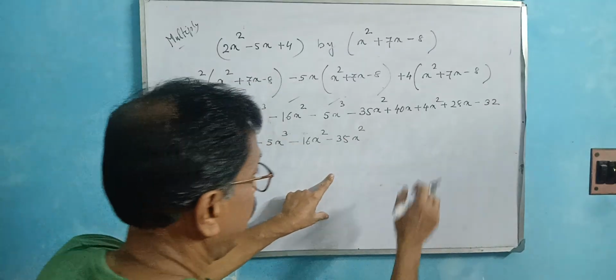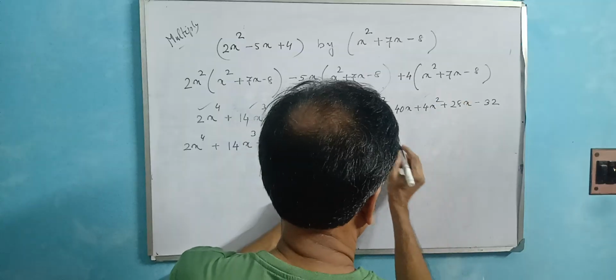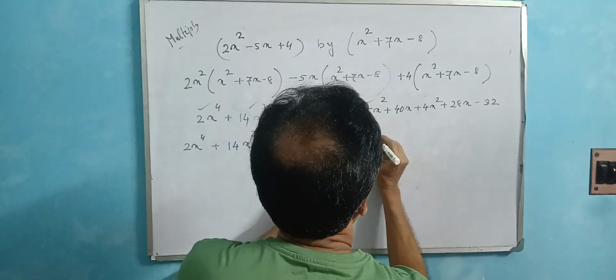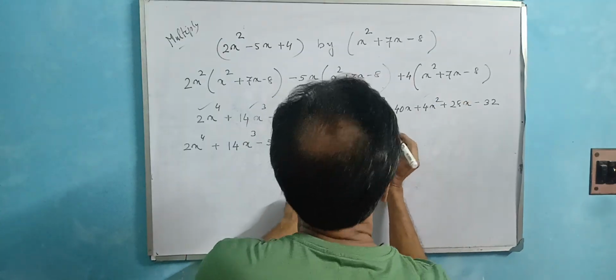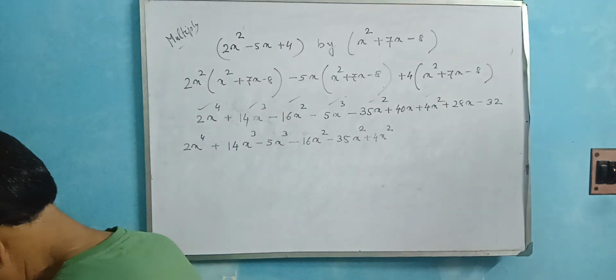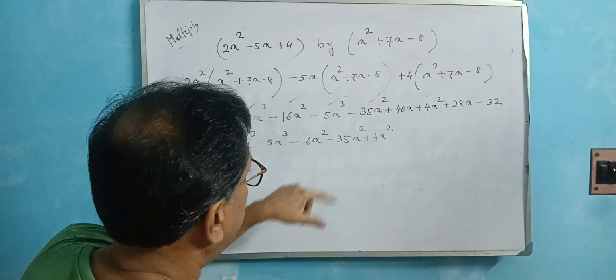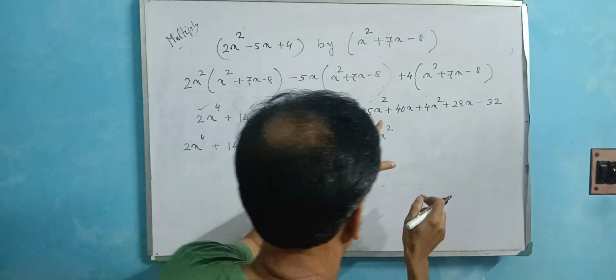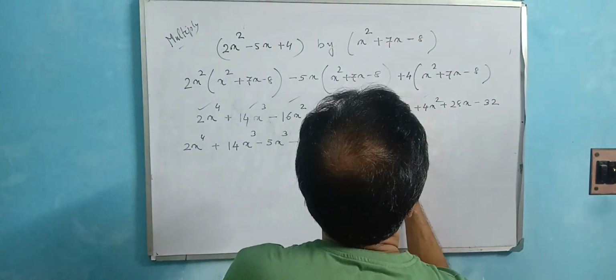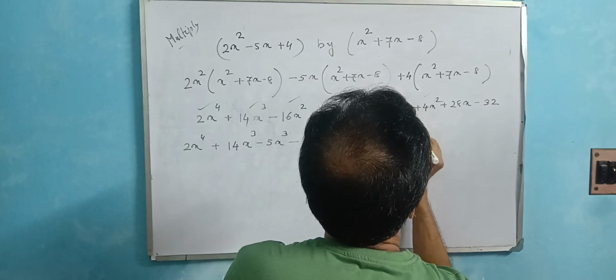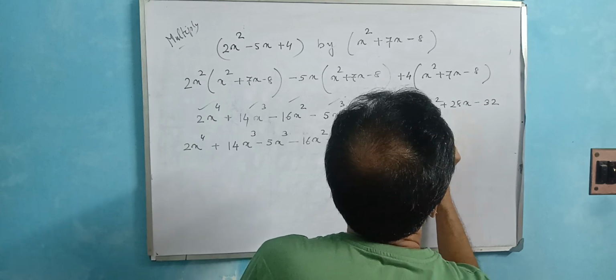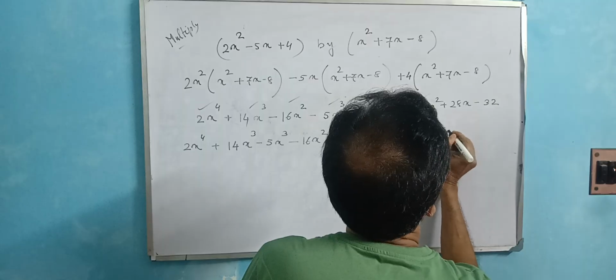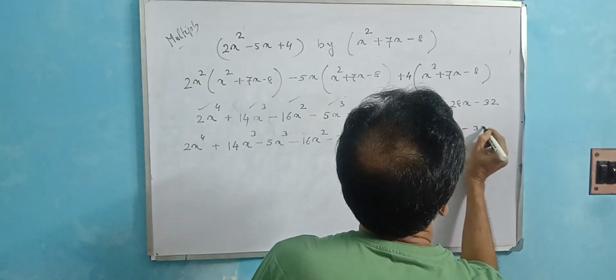Okay, here is also plus 4x square. Okay, x square you taken already, cube is taken. Now the 40x, here is 28, plus 28x, and this is 32.